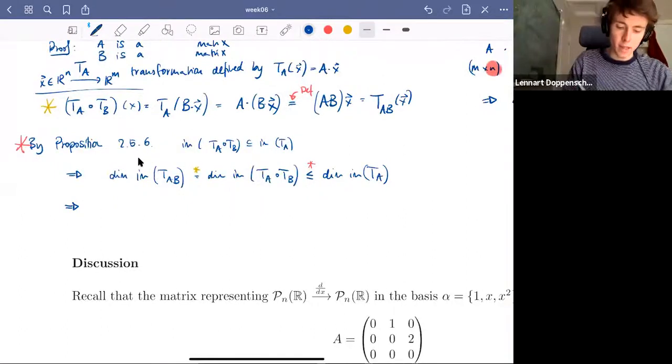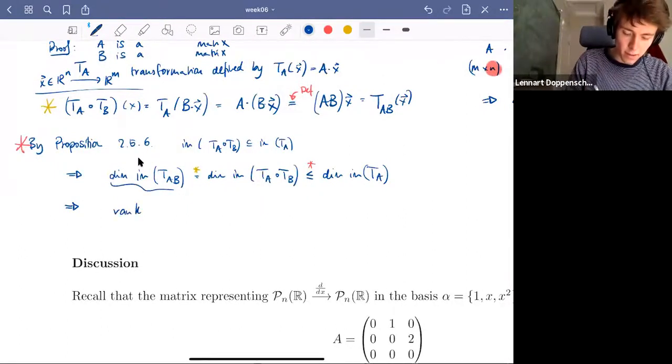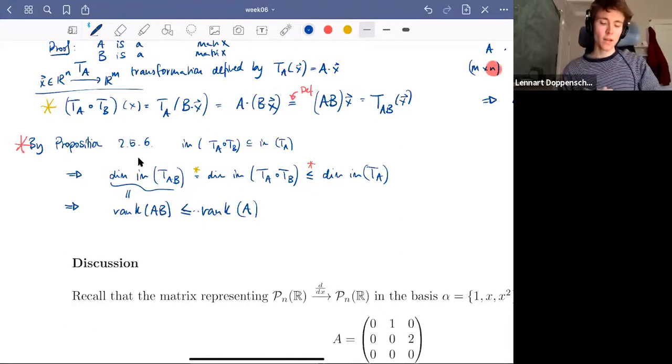So now, because this is exactly the rank of AB, by the above equation this is less or equal than the rank of A. So when I multiply a matrix on the right with another matrix, the rank decreases or stays the same. And this is the end of the proof.